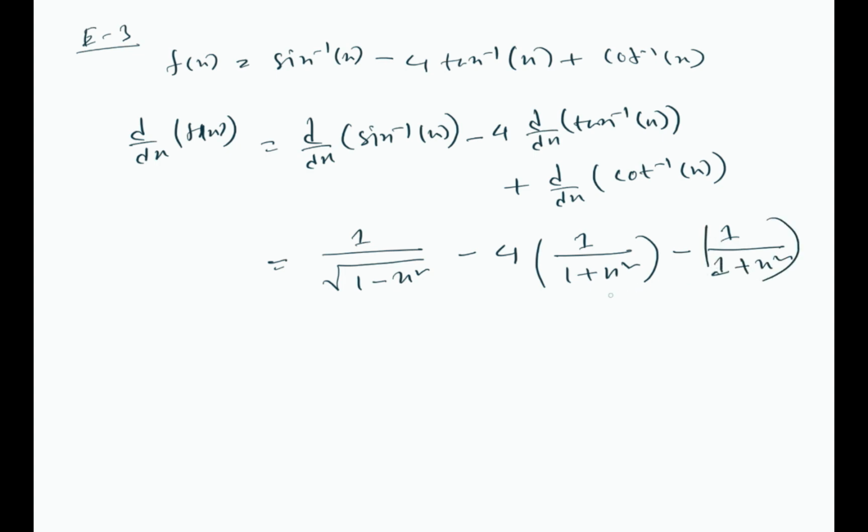If you check these two terms, they are like terms: here we have 4 times, here we have 1 times, so we can add them together. So 1 over the square root of 1 minus x squared, and we have 4 times and 1 times, so we can add them, so it would be 5 divided by 1 plus x squared. So this is our answer for this question.